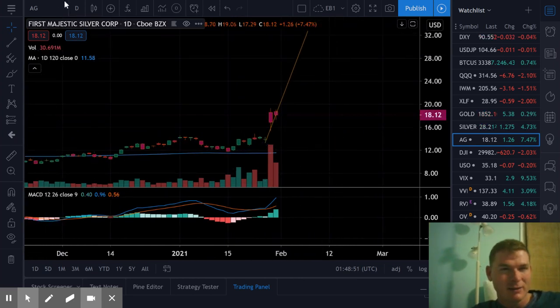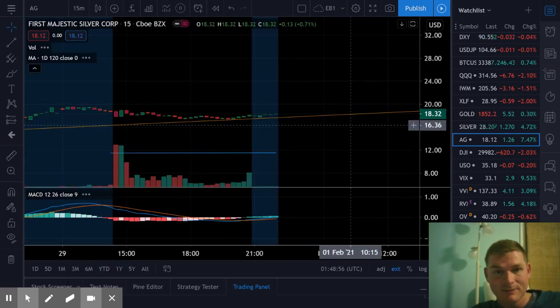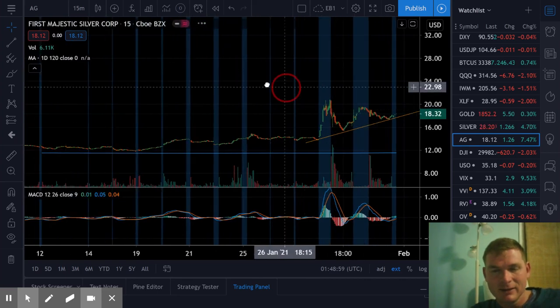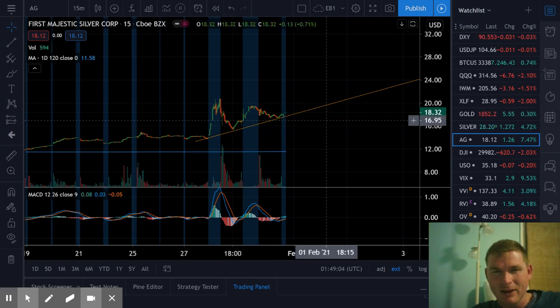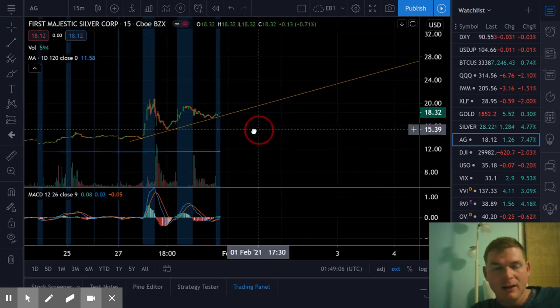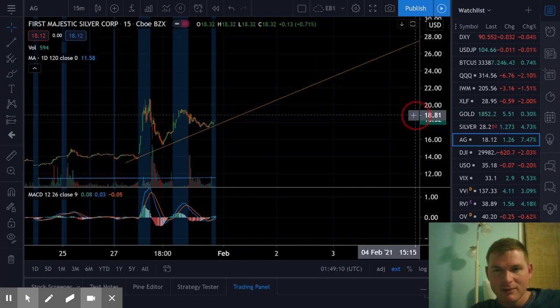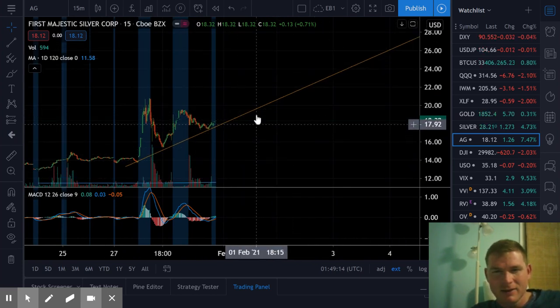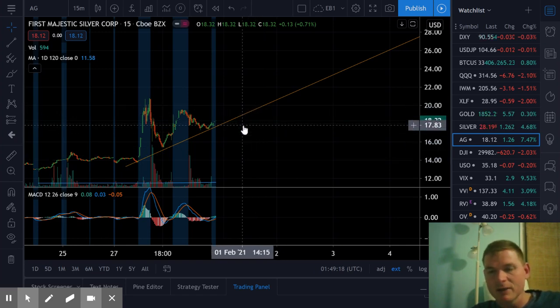So this stock could be crazy. I just don't trust the news story that's out right now. But if you zoom way in on it and squeeze it a little bit, it doesn't look as crazy. It just went from 13 to 20. We've seen a lot crazier moves than that.